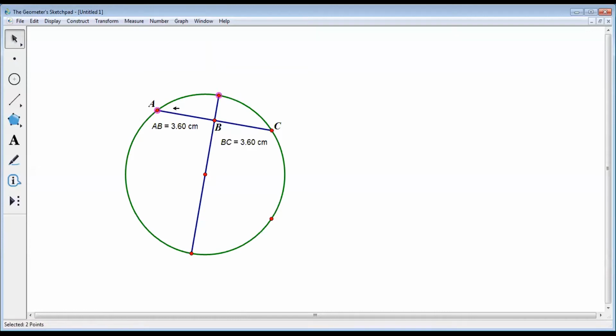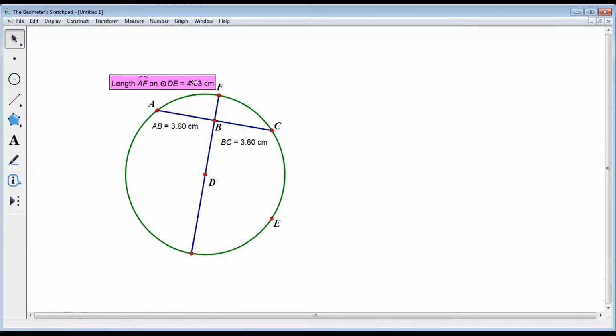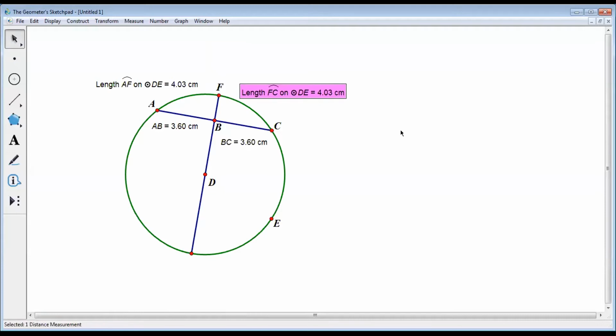Let me measure this arc length. Arc length AF is 4.03. So what do you think this arc length FC is going to be? Also 4.03. So a diameter perpendicular to a chord bisects the chord and its arcs.